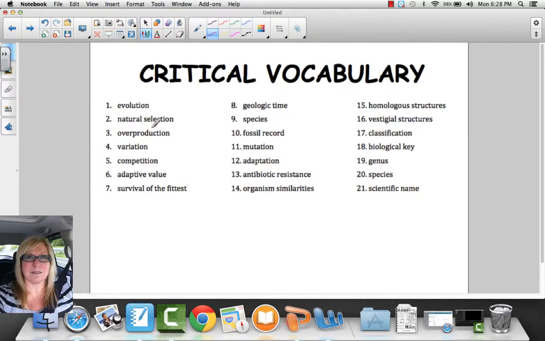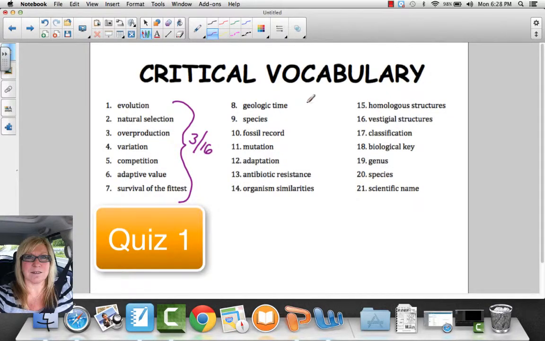So with every unit we have some critical vocabulary. Your first vocabulary quiz is going to be on March 16th. That's a Monday, so that's this coming Monday. You're going to have a vocabulary quiz on the first 7.